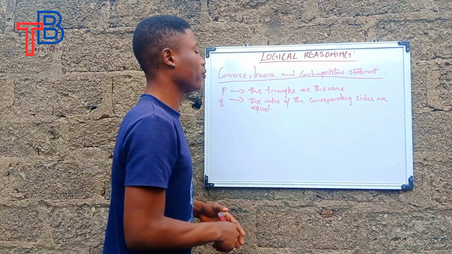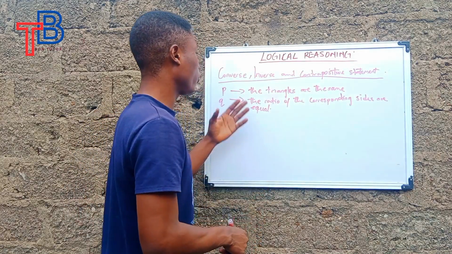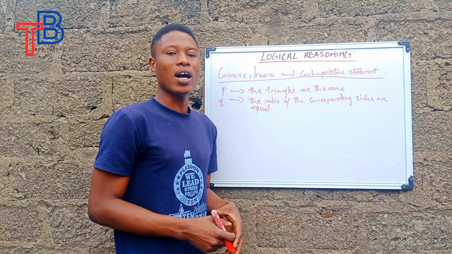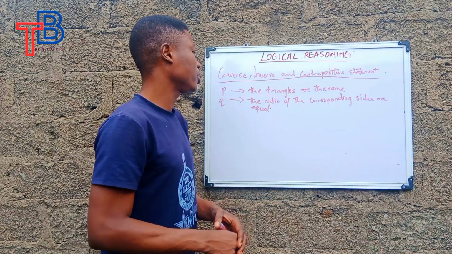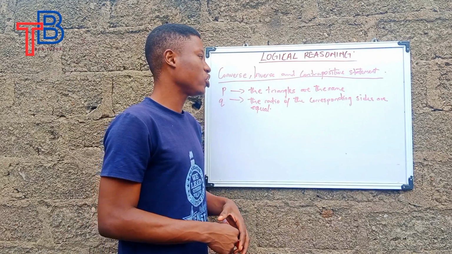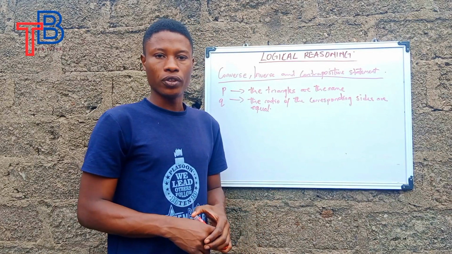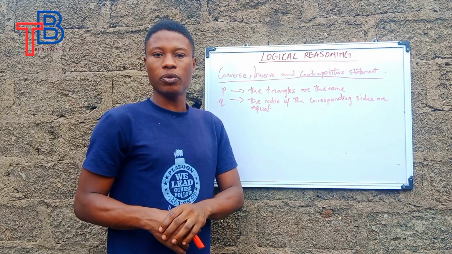So let's say we have two statements like this, whereby the first statement says the triangles are the same, and the other statement says the ratio of the corresponding sides are equal. Imagine I want to write a conditional statement for this.